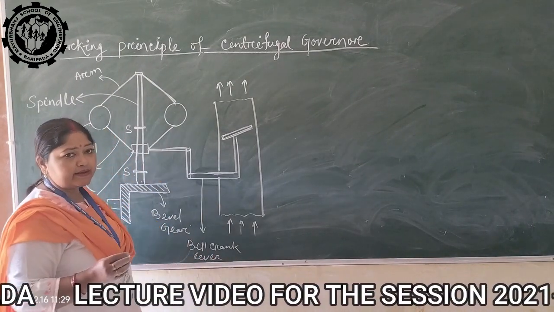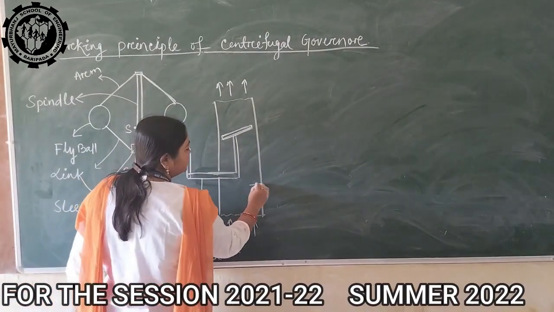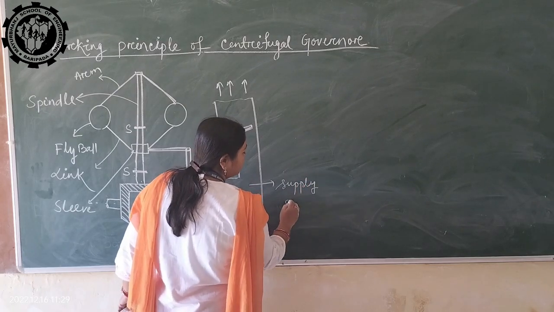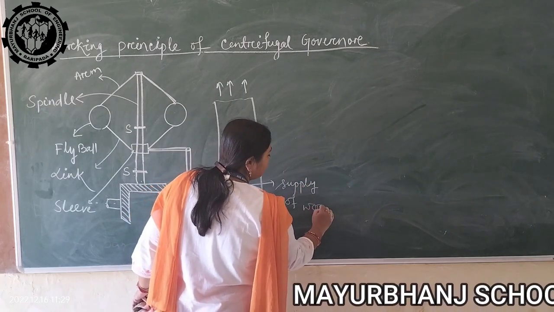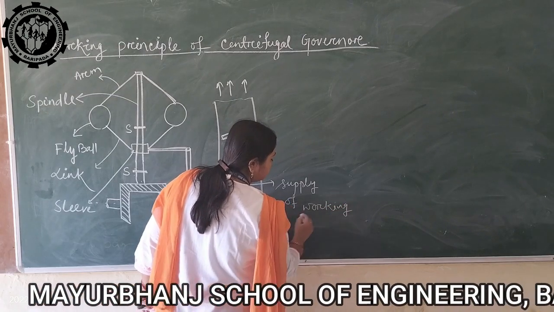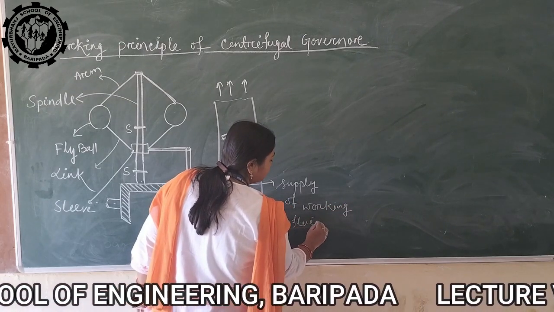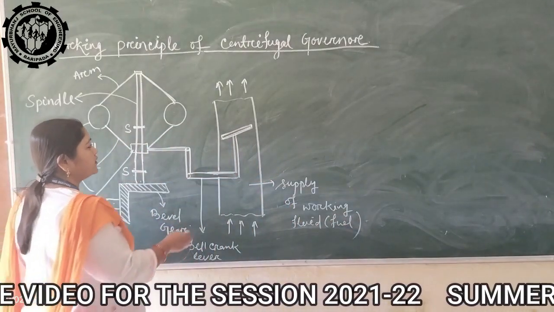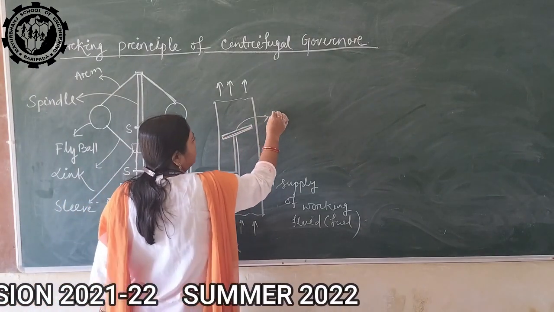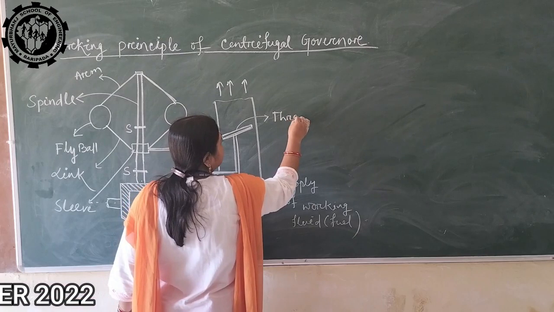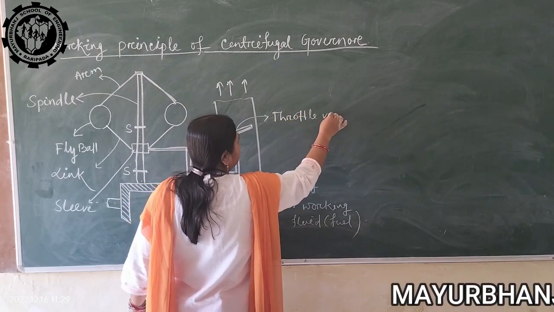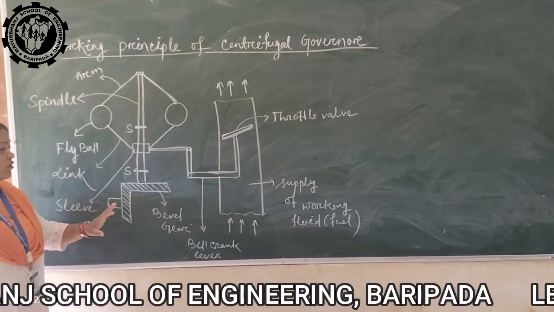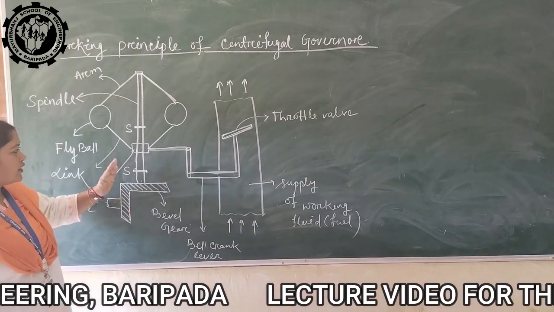This one is the supply of working fluid, or you can say the fuel. Okay, this is the opening valve, or you can say the throttle valve.